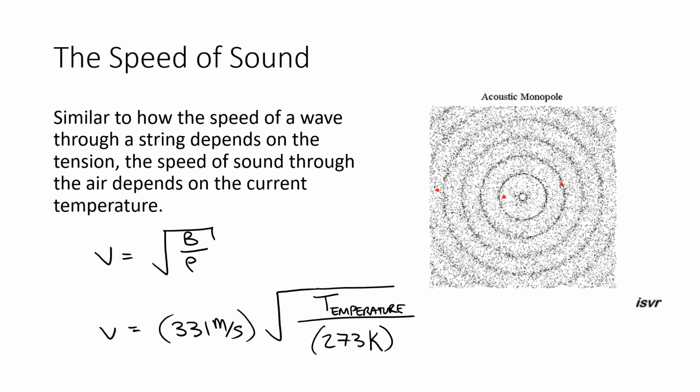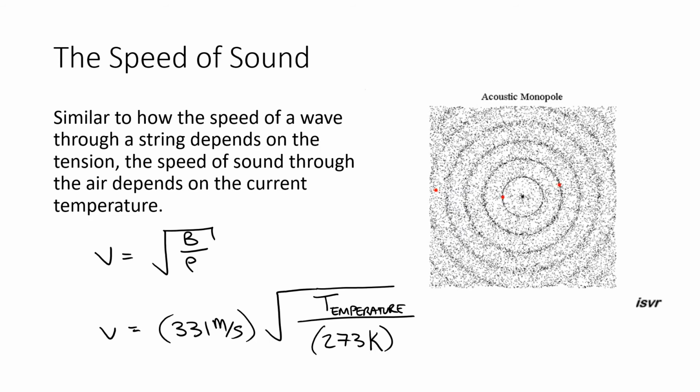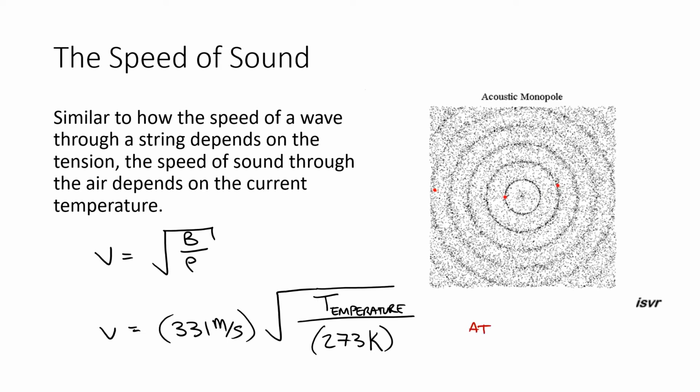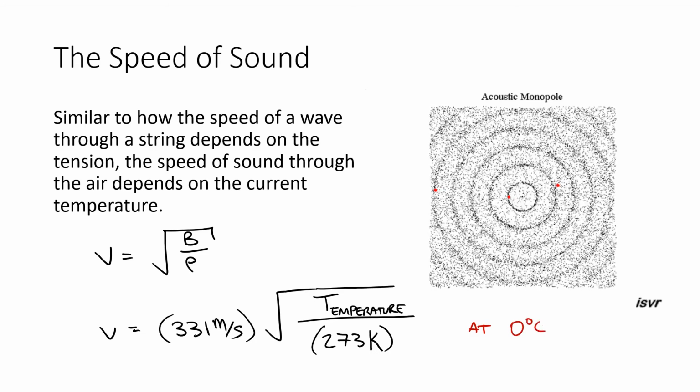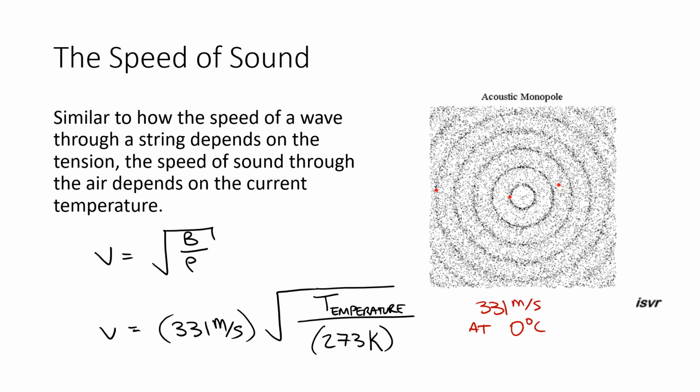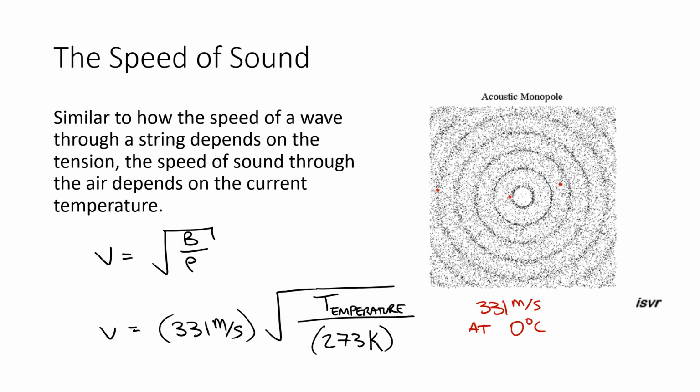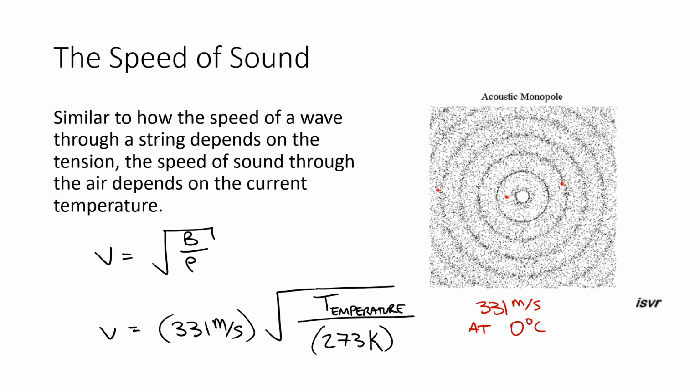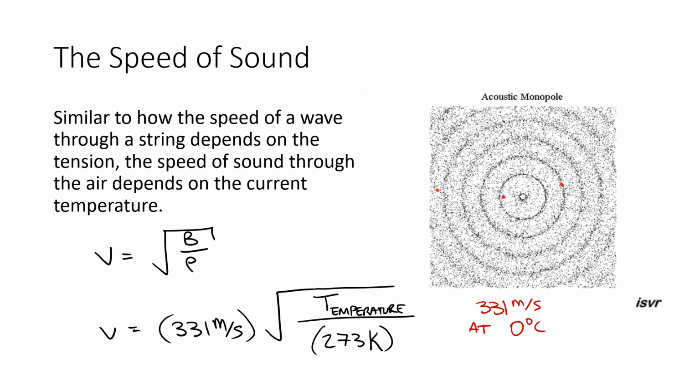This, I should say, this right here is at 0 degrees Celsius. So they've sort of measured the velocity of sound at 0 degrees Celsius, and that's why you see 331 right there, of air.